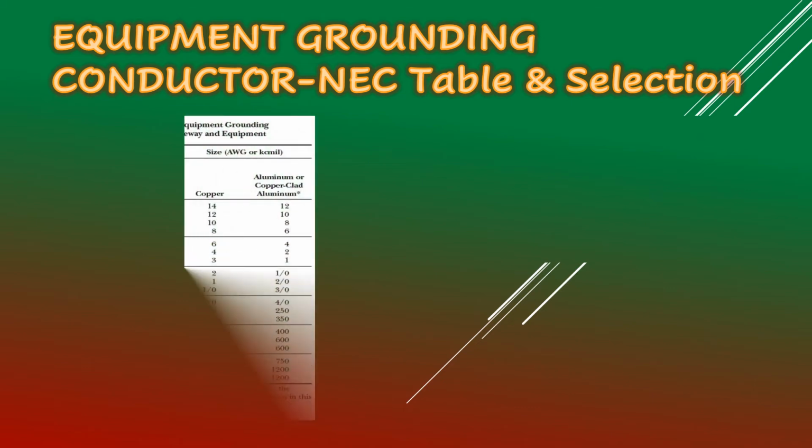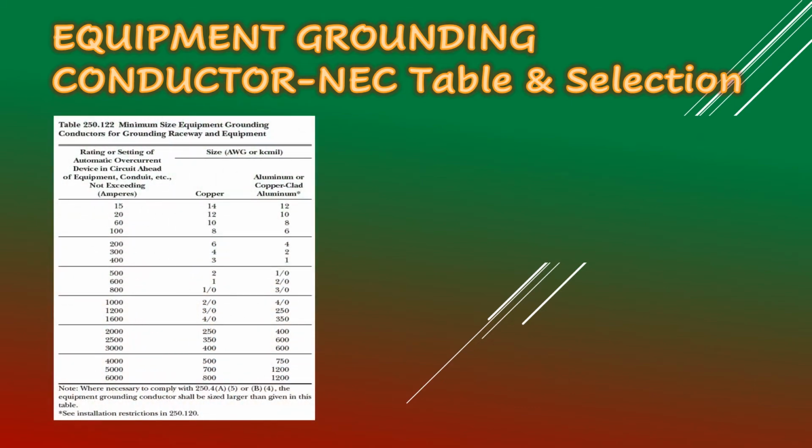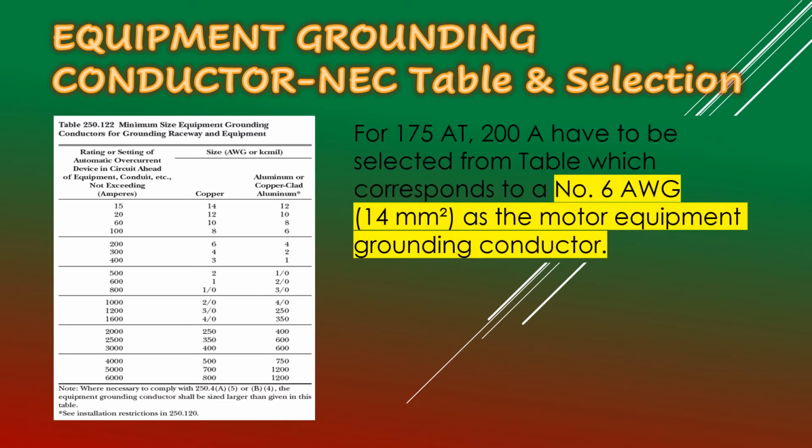For the equipment grounding conductor, this is the table: Table 250.122, minimum size equipment grounding conductor for grounding raceway and equipment. So we shall use this table. For this motor application, we have a 175 ampere trip for our circuit breaker or short circuit and ground fault protection.